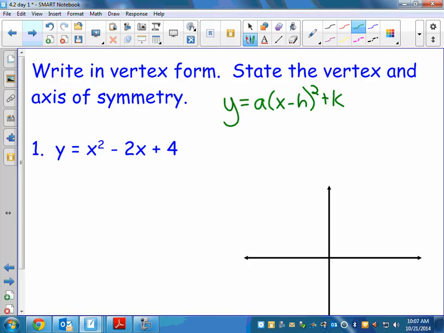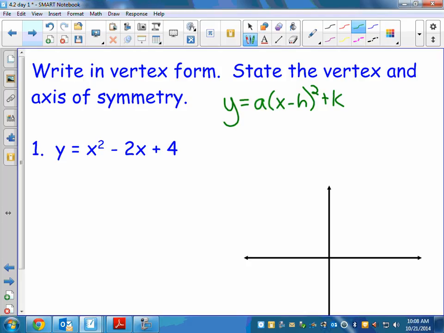How do I take something that's not a perfect square and make it into a perfect square? Maybe I need to complete something. Complete the square is how you make something that's not a perfect square into a perfect square. So we've got to think a little differently on this problem because we're not solving it, right?